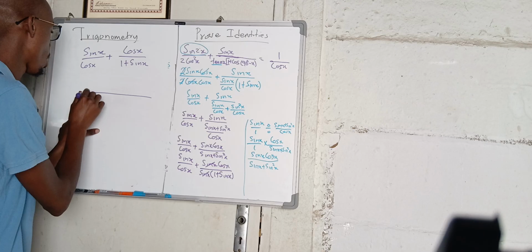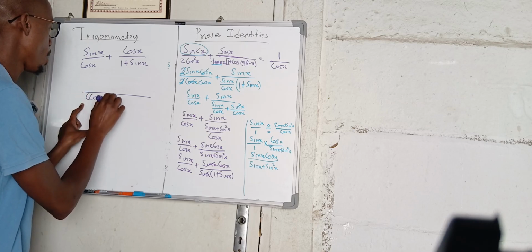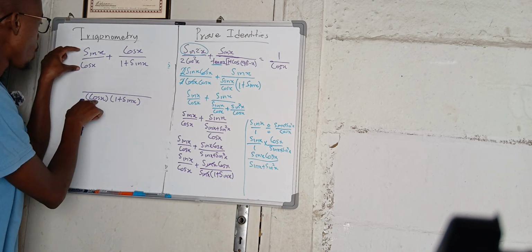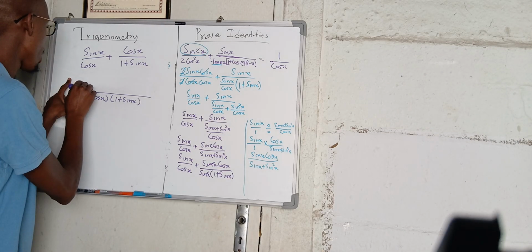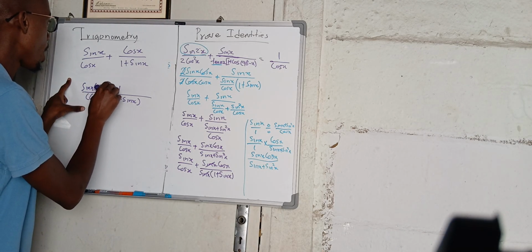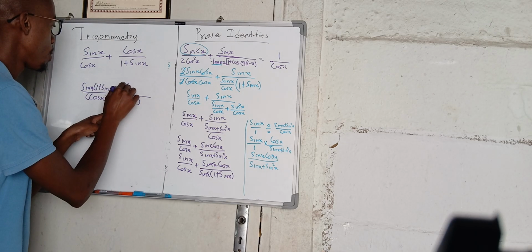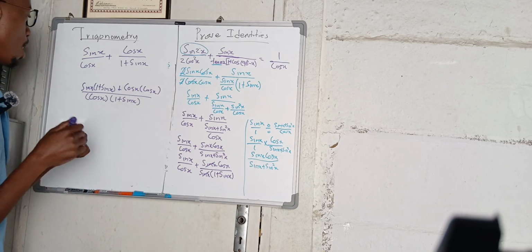So it's cos x, 1 plus sine x. So here, I have cos x here. So I'm going to have this multiplied by that. I'll have sine x into 1 plus sine x plus. Here I have that. I'm going to have this multiplied by that, which is going to be cos x into cos x.